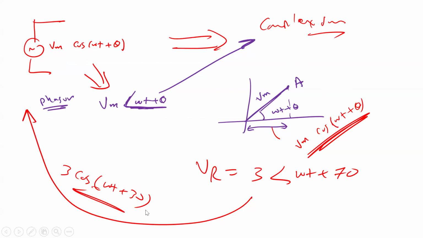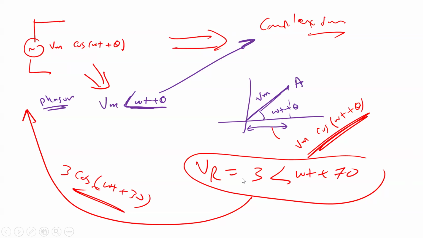But when you do the opposite, when you want to convert from the complex domain back to the time domain, after you do the calculation and get something like the voltage across the resistance, this is the complex number.